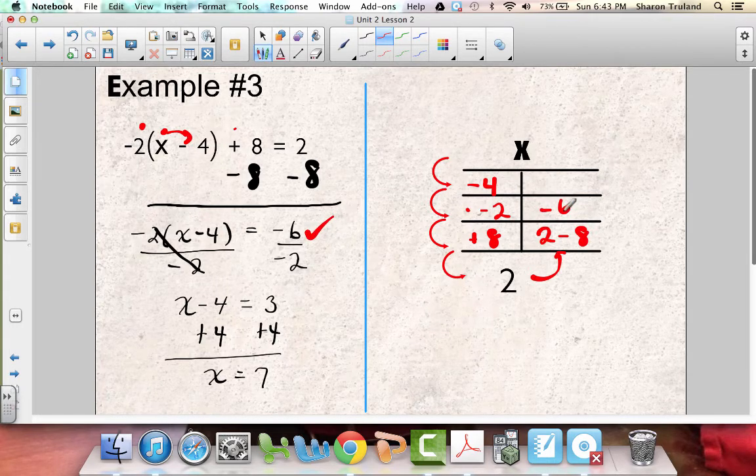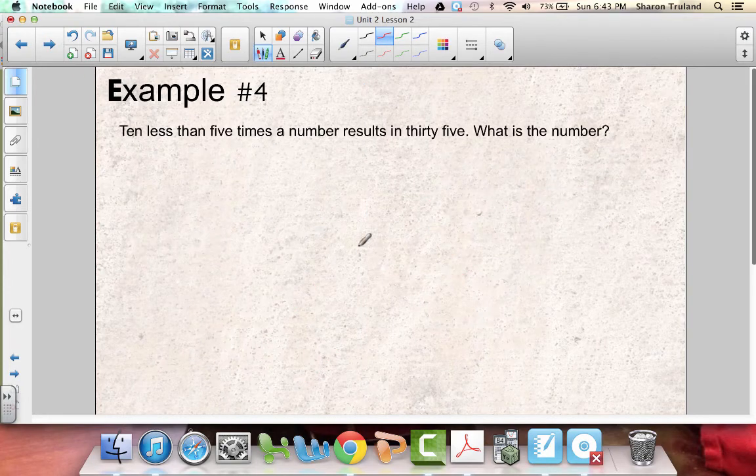Okay, so let's undo multiplying by a -2 by dividing by a -2, and that gets us 3. Awesome. Now let's undo minusing 4 by adding 4, and that gets us 7. So whether you like the chart or the traditional algebra, that will be up to you.